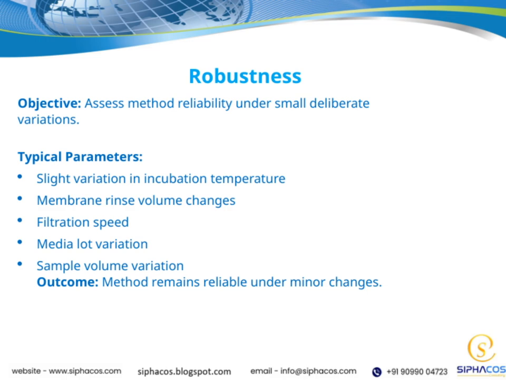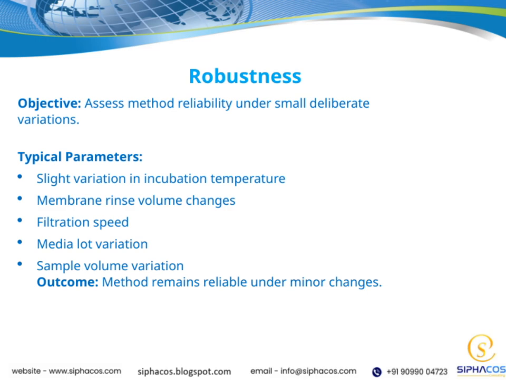Media lot variation is important too, since different batches of media can have subtle differences. And lastly, sample volume variation. Small differences in the amount of sample processed are also examined. The key outcome here is that, despite these minor changes, our method remains reliable. This demonstrates its robustness.